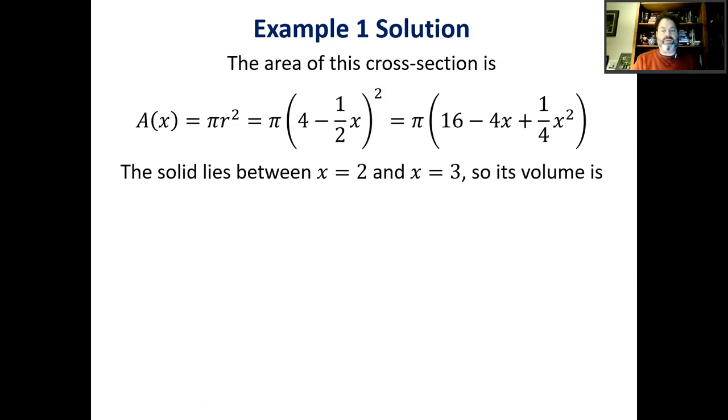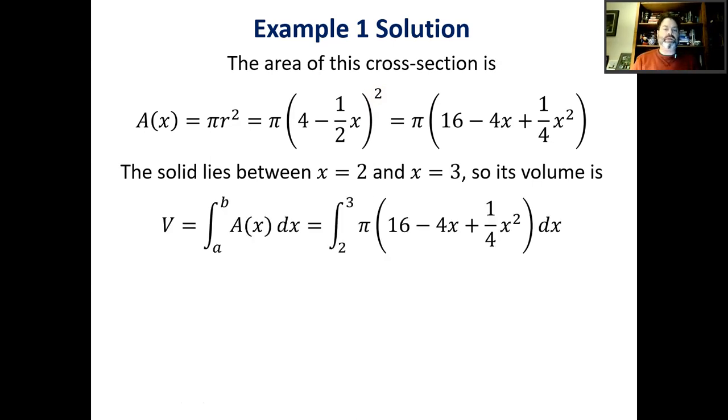We were given that in the original problem. So you plug everything into the volume integral. So A of x dx, we go from 2 to 3. This whole thing is A of x, and then just tack on dx.